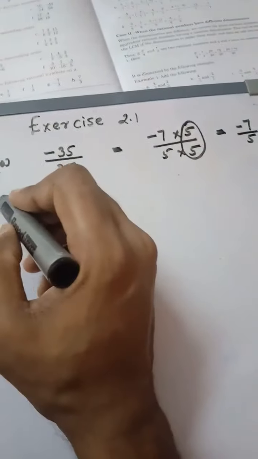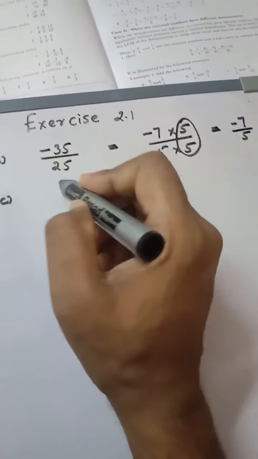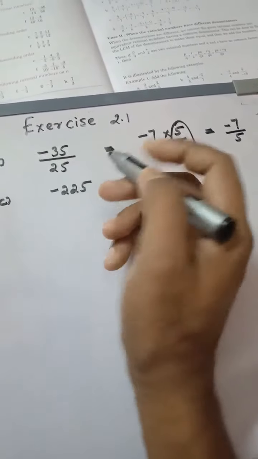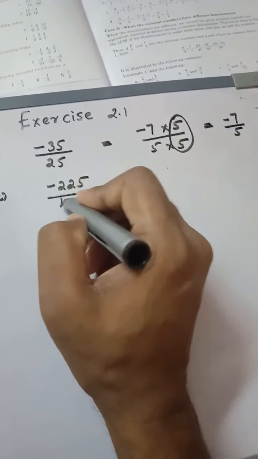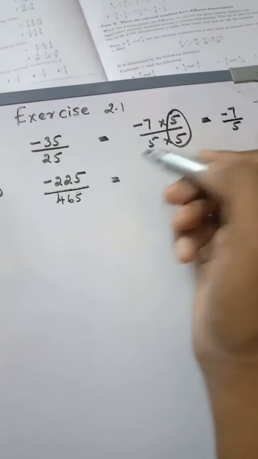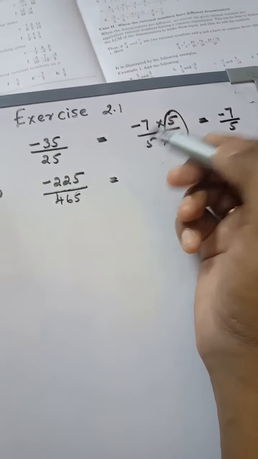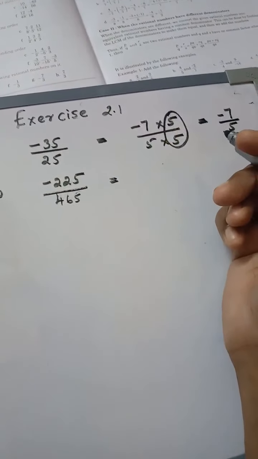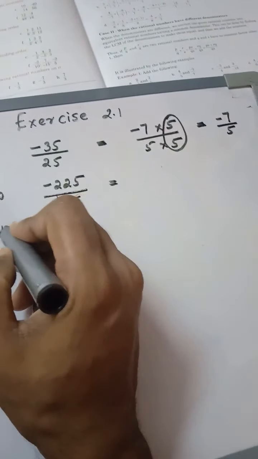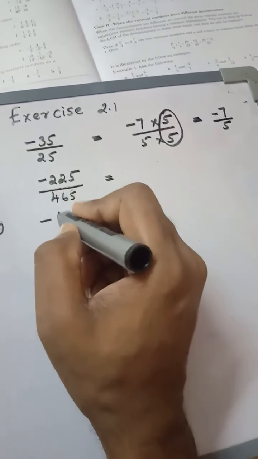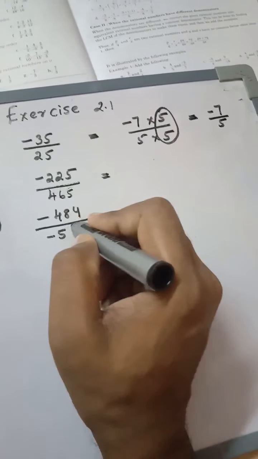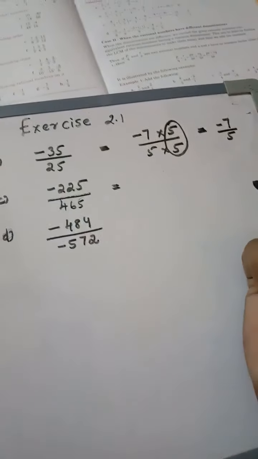Now if you take question number 1c, we have minus 225 upon 465. Here we have to find the highest common factor and then reduce it to the lowest term. Okay. Now question number D, we have minus 484 the whole divided by minus 572.